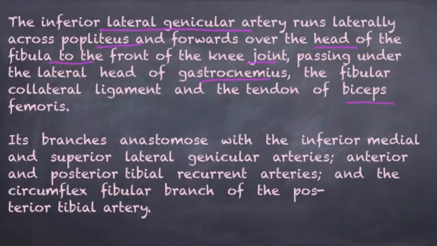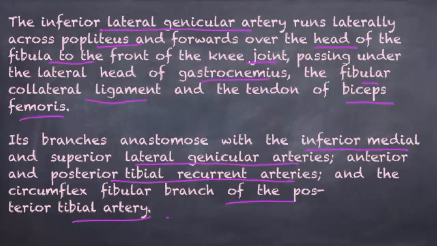So whatever the structures are there, okay, like muscles and ligaments, okay. Inferior medial is medial collateral ligament and inferior lateral is fibular collateral ligament. Its branches anastomose with the inferior medial, superior lateral genicular arteries, anterior and posterior tibial recurrent arteries, and the circumflex fibular branch of the posterior tibial artery.